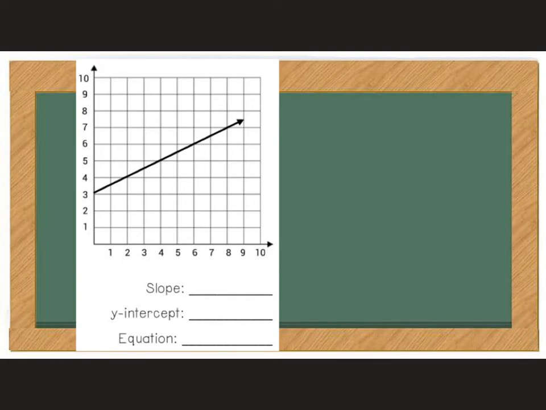Now we're going to look at some graphs, and we're going to grab the m and the b from the graph. I'm going to start with the y-intercept. The y-intercept is here. It's located where the graph touches the y-axis. Remember, that's y, this is x. So it touches the y-axis at 3, or the point (0, 3). Remember, these two mean the same thing. The next thing we need to do is find our slope.